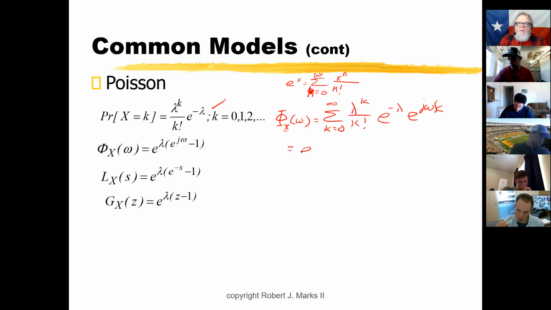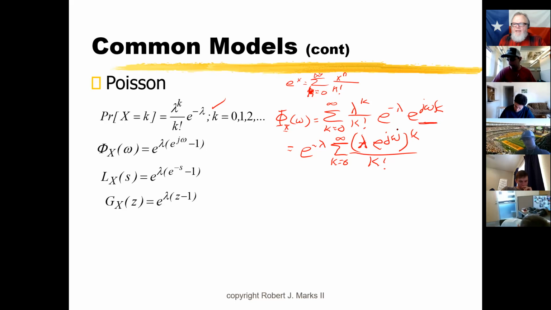And we can play around with that a little. It's e to the minus lambda times the summation of k equal to 0 to infinity, and here's where it comes in, lambda times e to the j omega, raised to the kth power over k factorial. In other words, I've just taken the e to the j omega k and lumped it with the lambda.